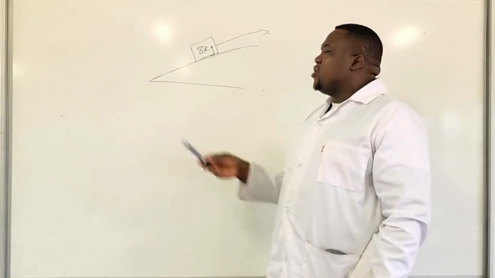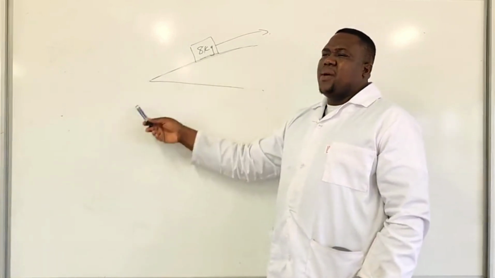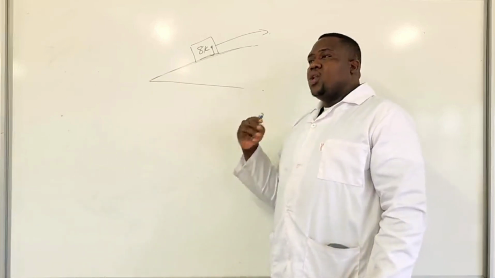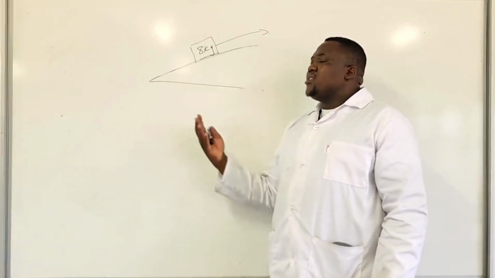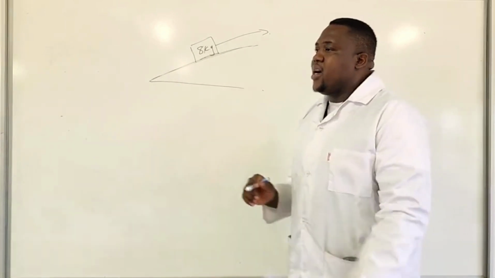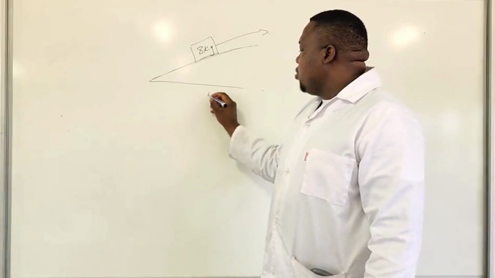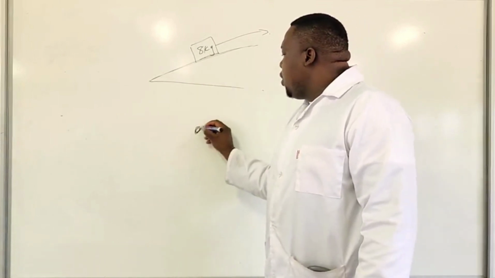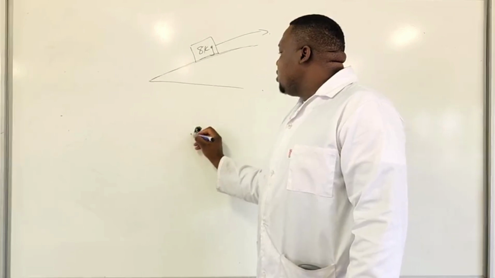You don't assume that when an object is moving on a particular surface, there is friction. You will be told, there will be clues telling you that there is frictional force. So the free body diagram for this one is going to be a body. We have a body.